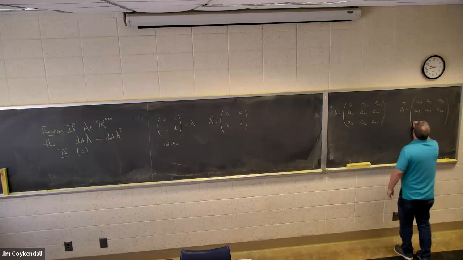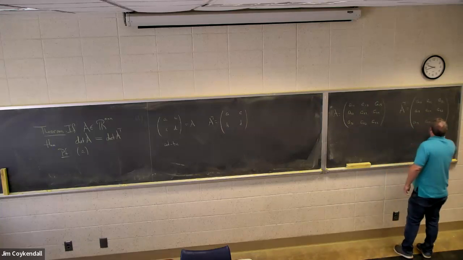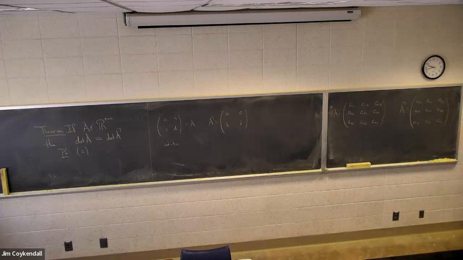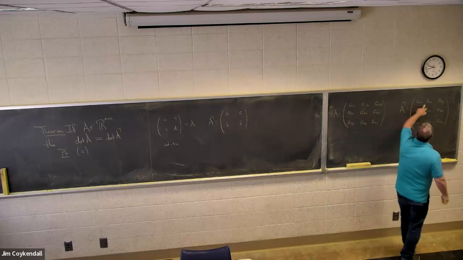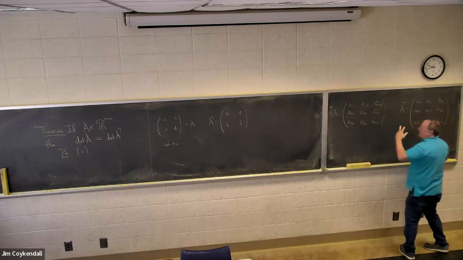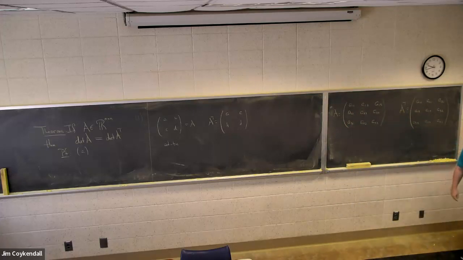Third column, A13, A23. This is where it starts to get a little bit more complex, right? Because A11 times this, and now you've got a different number here. What should I do perhaps?